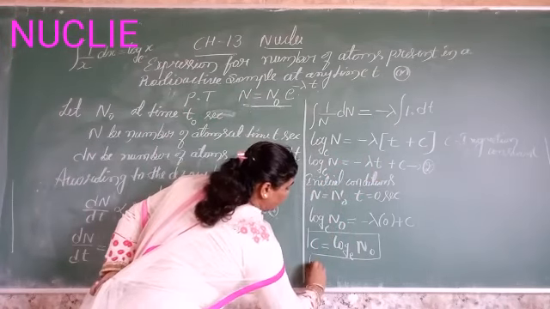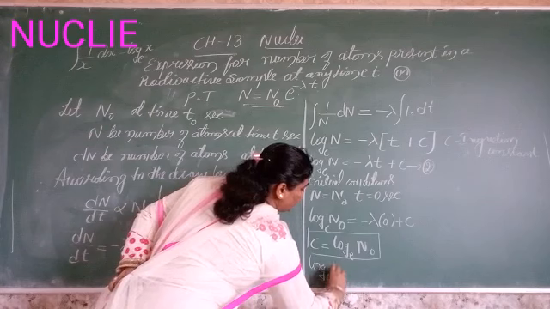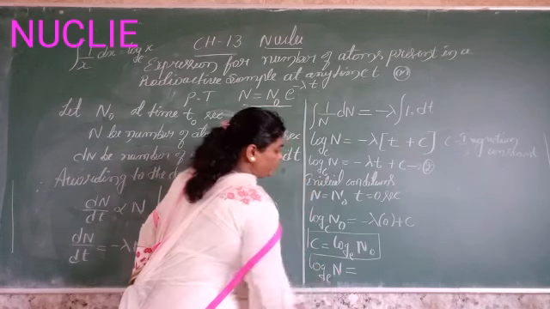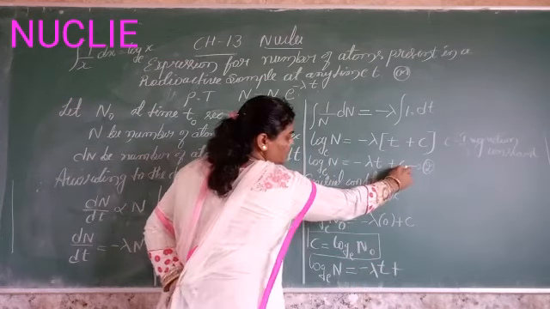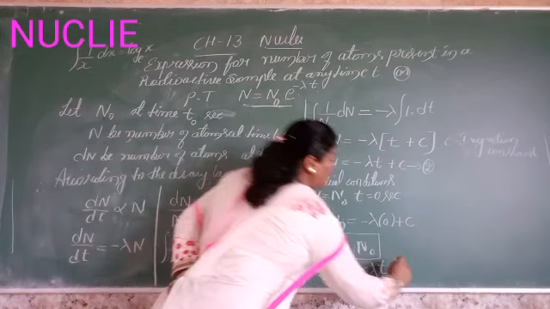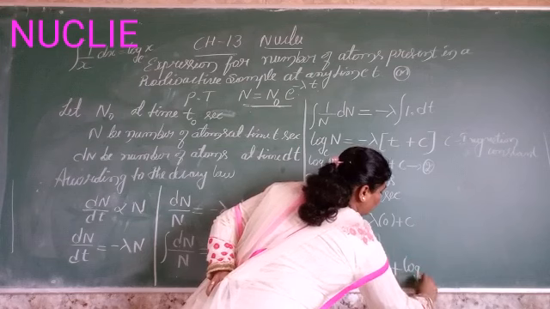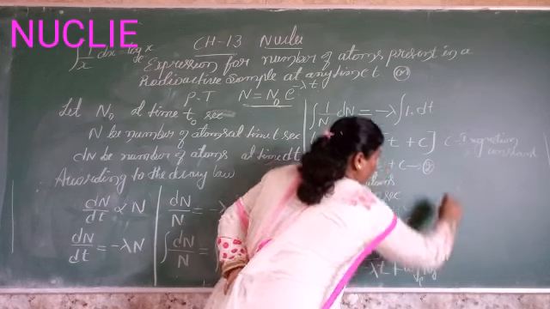So equation 2 is log base e n is equal to minus lambda t plus c, that is log base e n naught.